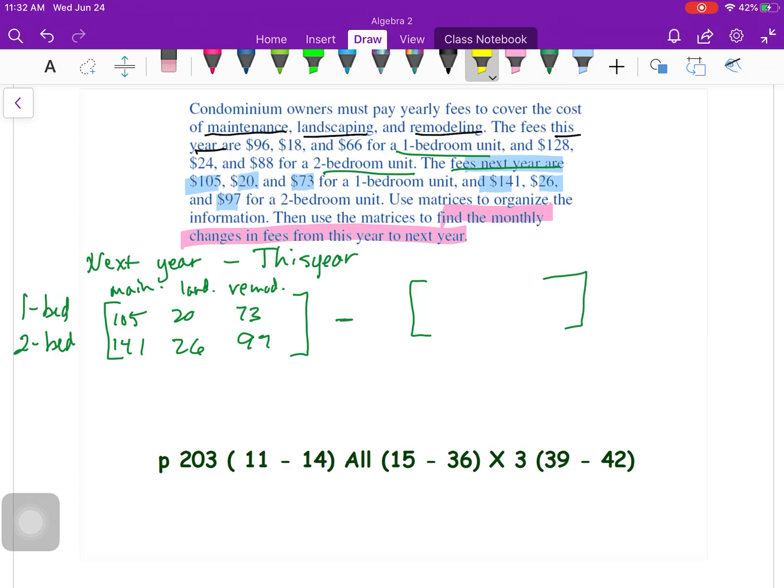And then I'm subtracting this year's, so I should organize it the exact same way. So this year I had 96, 18, 66 for the 1-bedroom. And 128, 24, and 88 for the 2-bedroom.